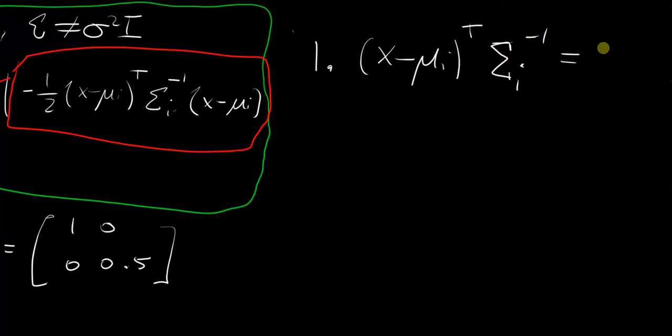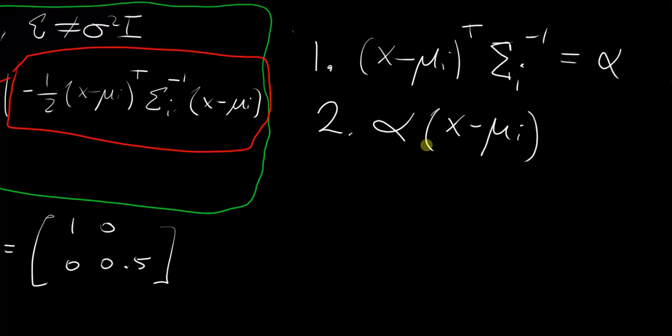Let's call this alpha. Then you do alpha times the third term. So step 1 is multiplying these two together first. Then step 2 is multiplying the product of that together with the last term.